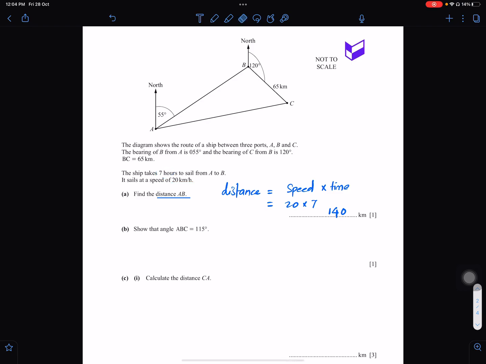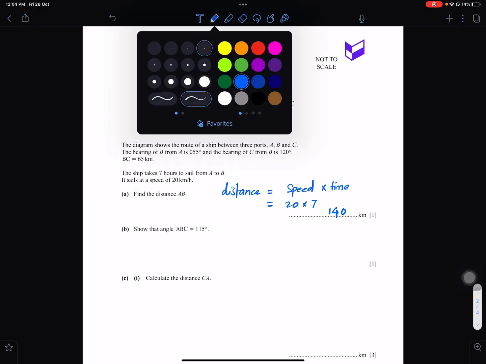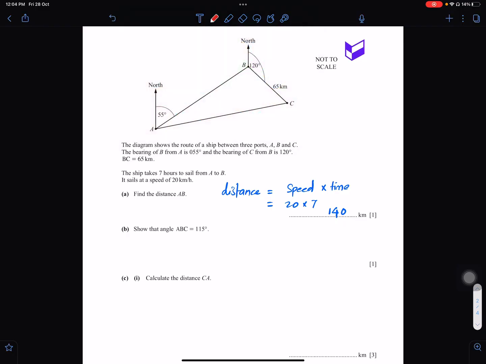That was fairly simple. Now show that the angle ABC is 115 degrees. This question is for 1 mark only, so there is no need to look for the sine rule or cosine rule. With simple parallel lines, you can show this. Since this angle is 55 degrees, this north line and this north line are parallel to each other.